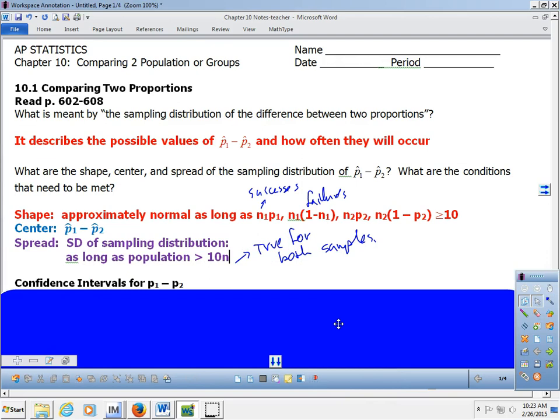So, we get to our first inference procedure, and that's confidence intervals. What if I wanted to estimate the difference in the proportions of two groups, proportions of whatever, right? President Obama probably would like to know what the approval rating difference between men and women might be, or Republicans and Democrats might be, or Democrats and independents might be, right?